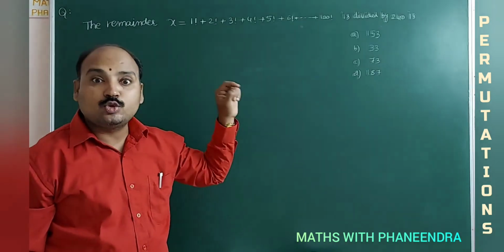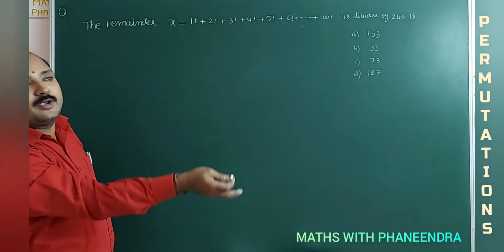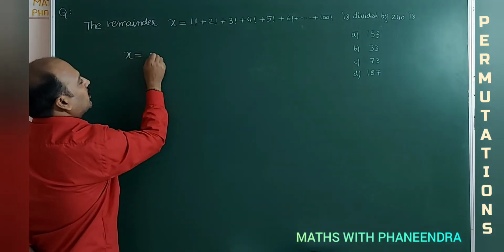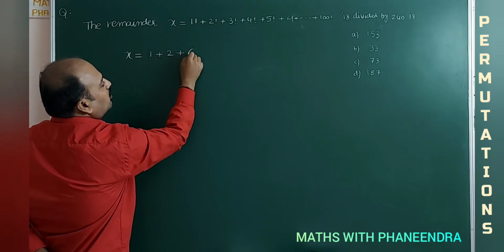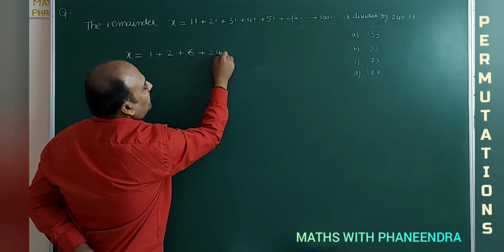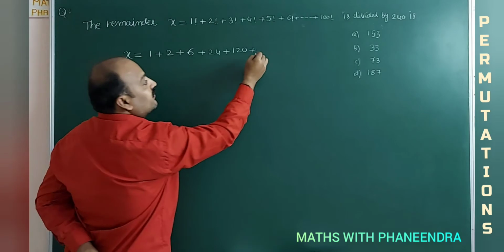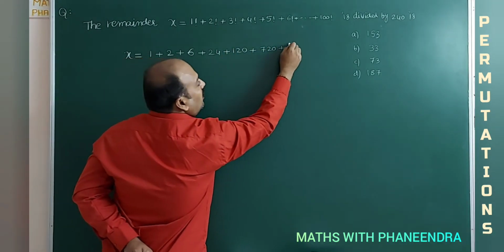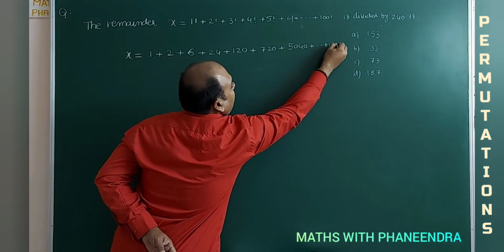First, what is x here? x is equal to 1 factorial is 1, 2 factorial is 2, 3 factorial is 6, 4 factorial is 24, 5 factorial is 120, 6 factorial is 720, plus 7 factorial is 5040, plus and so on up to 100 factorial.